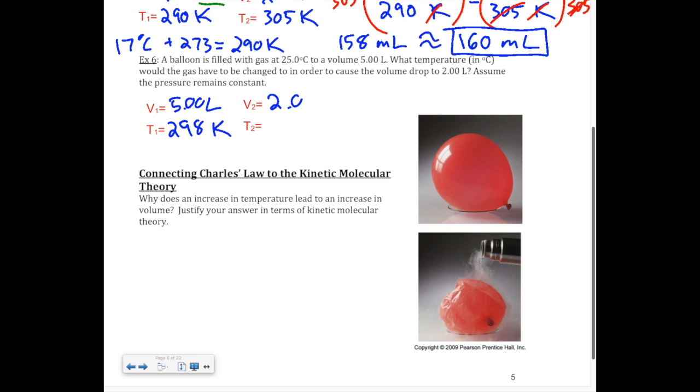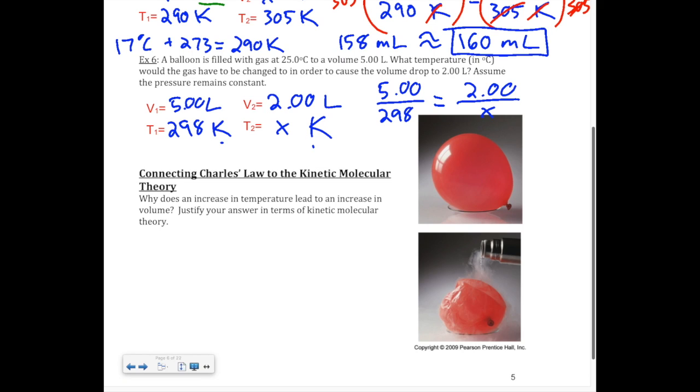So we have 2 liters, and it asks for the temperature. Now I'm going to have to find it in Kelvin first before I change it to Celsius, because I need my units to stay the same. So I need to take 5 divided by 298 equals 2 divided by x.